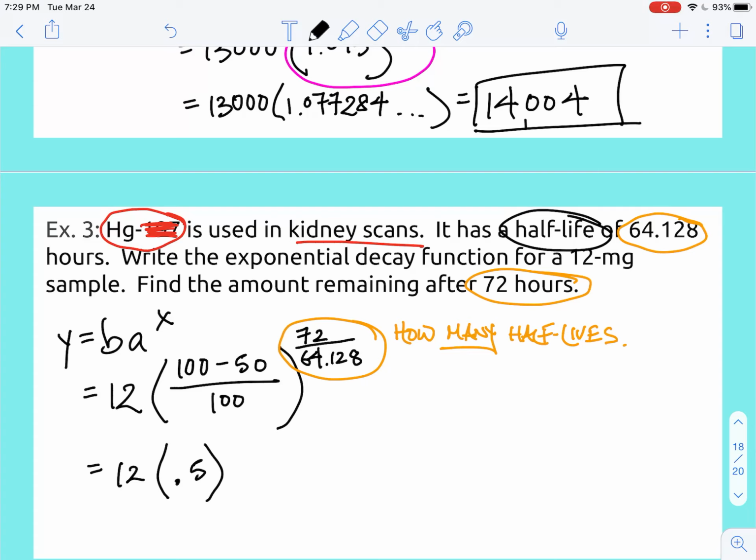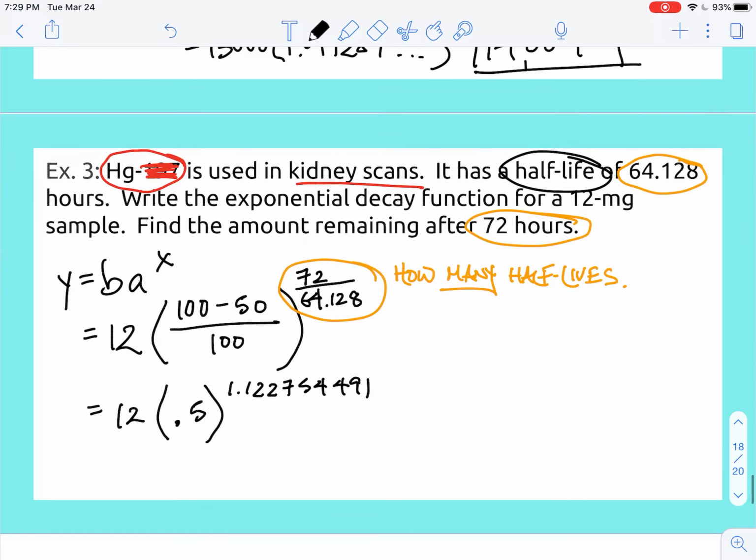And when I do that, I get 1.122754491. Now you might be asking why I'm including so many decimals, and that's because the sooner I round in an exponential function, the less accurate my answer is going to be. So I usually try and take as many decimals as I can until I get to the very end, okay?